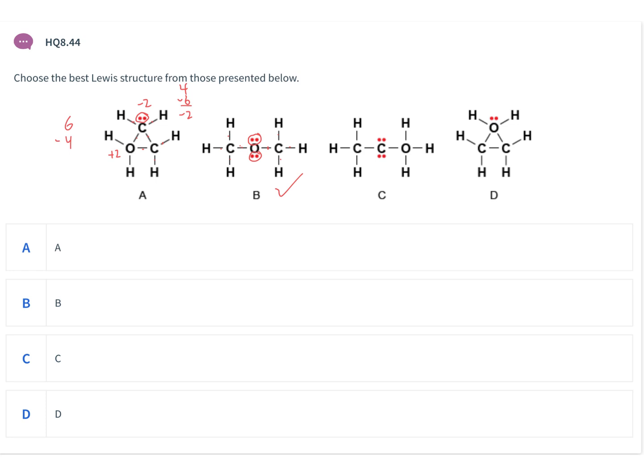Choice C, take a look at the carbon again, right? Carbon is fine, 4 electrons, and it's group 4, so a neutral on that carbon. The central carbon, however, we run into some problems because the central carbon, again, it's group 4, and I've assigned 1, 2, 3, 4, 5, 6 electrons.